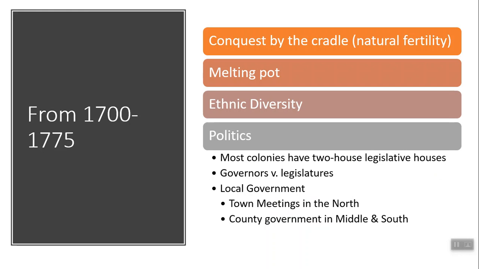From 1700 to 1775, we see conquest by the cradle. The population had tremendous growth, both from immigration of whites and forced black immigration, but also remarkable natural fertility. By 1775, the average age was 16. It becomes a melting pot.